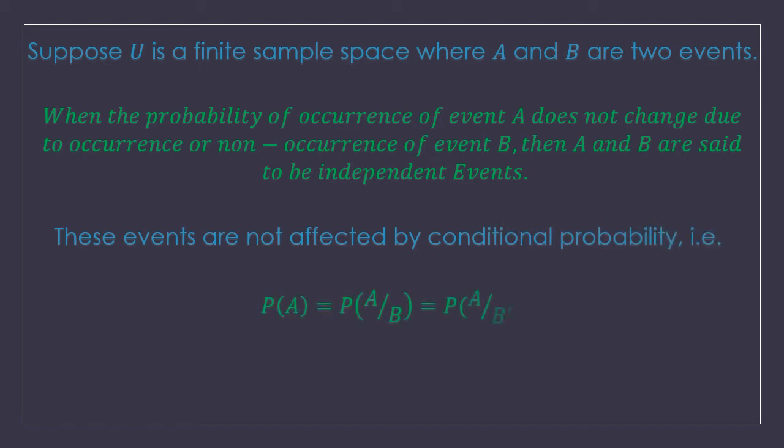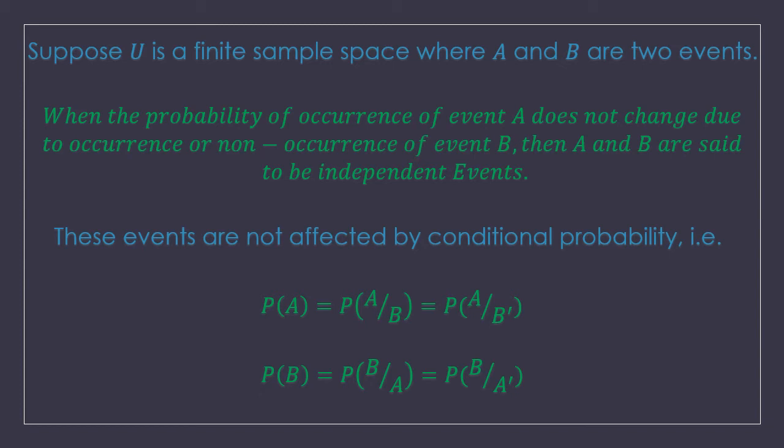P(A) is equal to P(A given B), which is again equal to P(A given B dash). That means whether B happens or B does not happen, B happens is B, B does not happen is B dash, A remains A. Similarly, whether A happens or A does not happen, B remains B. That means independent events are not affected by conditional probabilities.